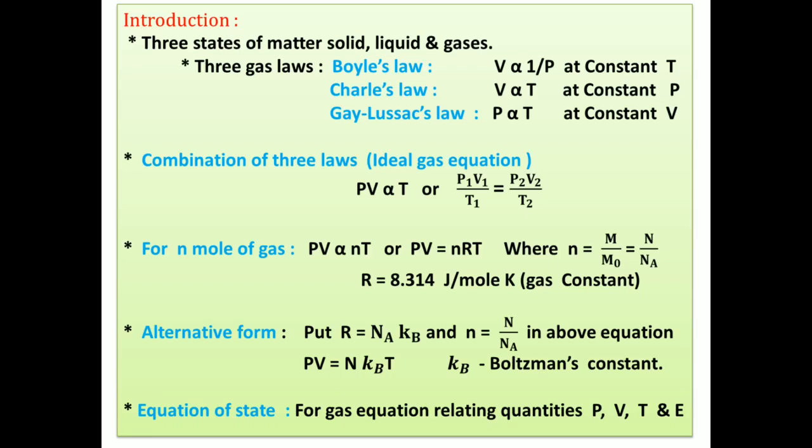Then we get PV equal to N kBT, where you take n equal to N upon Na, and thereafter you put Na kB, and then you get PV equal to N kBT.